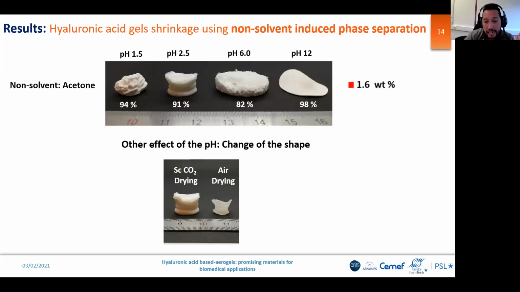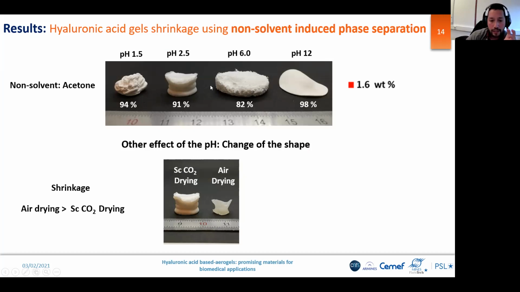However, the pH has a really important effect on the shape of the material. As you see here in the slide, when we modify the pH of the material, the shape completely changes. So it means that something is happening inside.